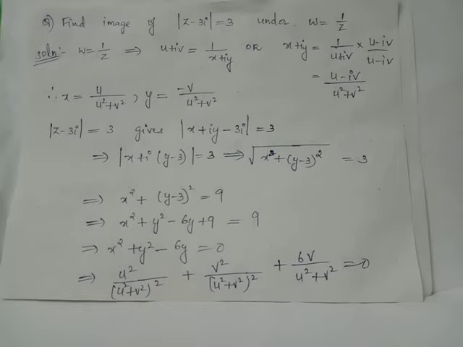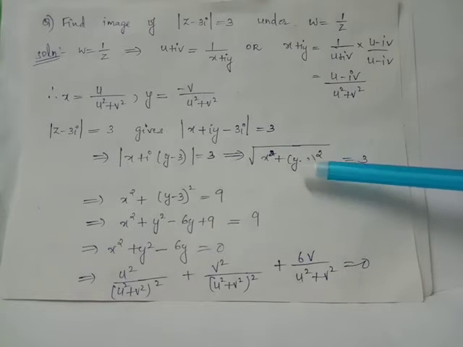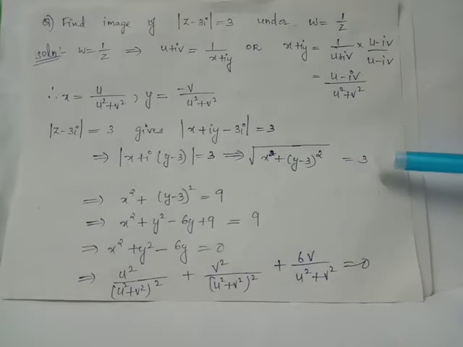We know that modulus of a complex number is the square root of the sum of squares of real and imaginary parts, because we have studied modulus of a plus ib equals root of a square plus b square. Therefore, here this modulus can be replaced by the expression square root of sum of squares of real part x and imaginary part y minus 3. We obtain RHS as 3 itself.